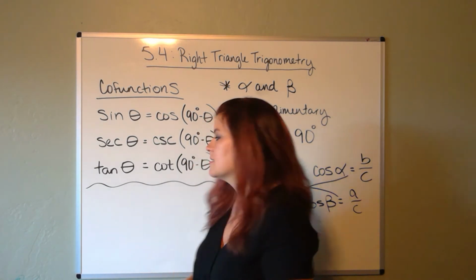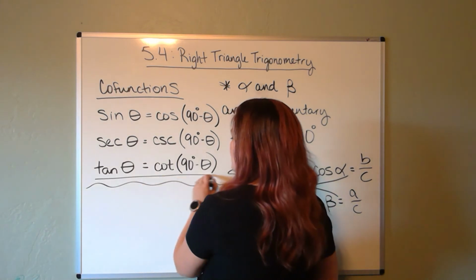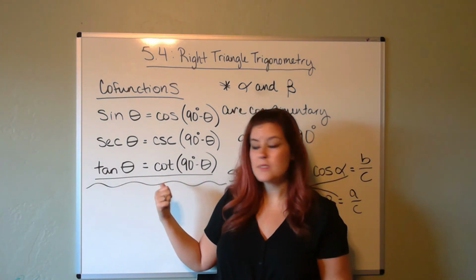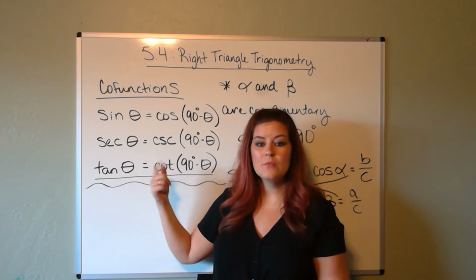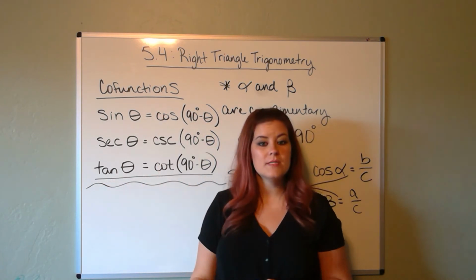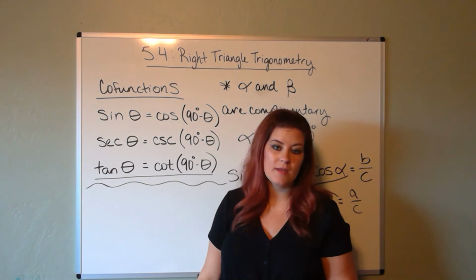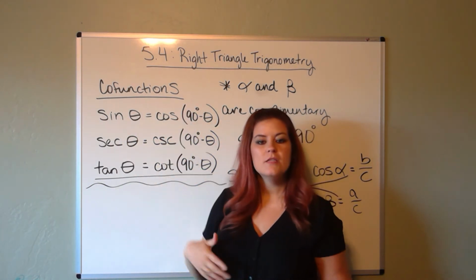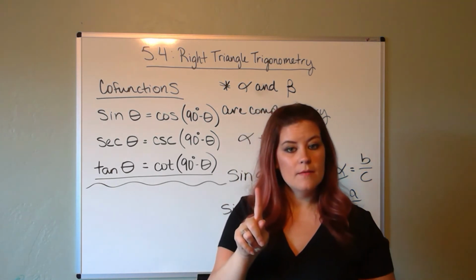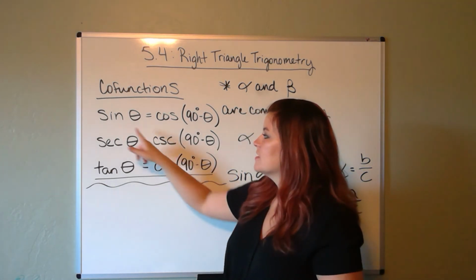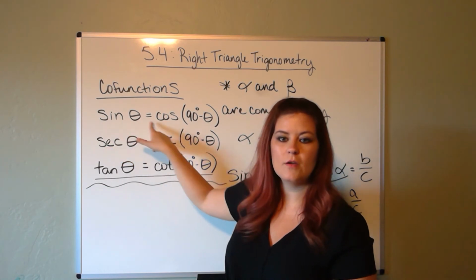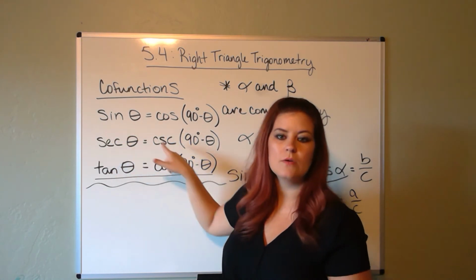Another thing that's nice, look, tangent and cotangent, that's the same pairing as the reciprocals. This is the easy one. So whether you're doing cofunctions or the reciprocals, tangent and cotangent always go together. It's these other 4 that you have to be careful about. Just remember, there's only one co per pair. In cofunctions, the pairs have the same root word: sine, cosine, secant, cosecant.